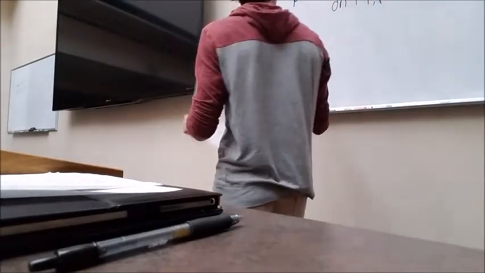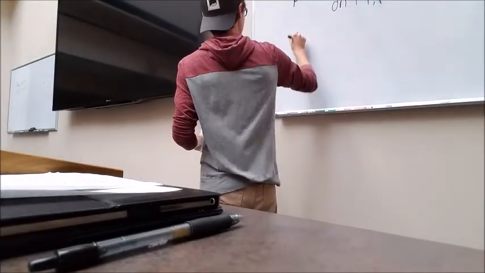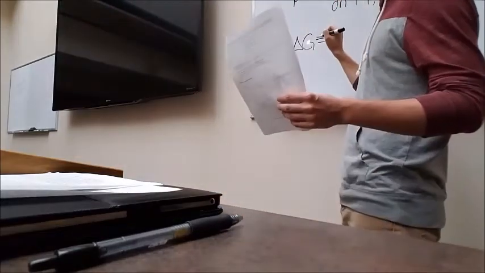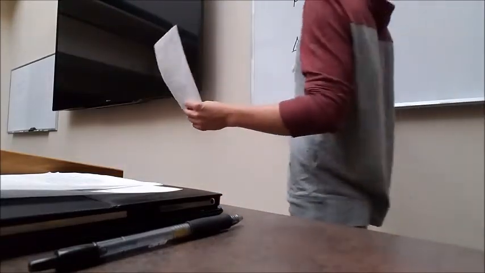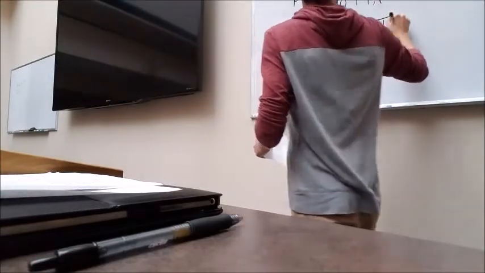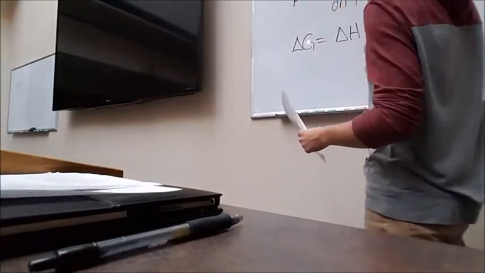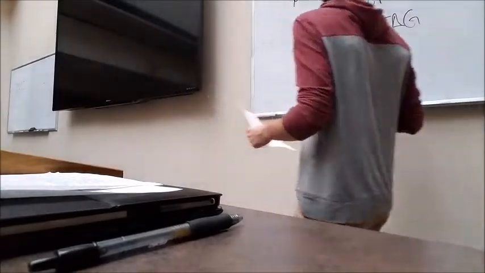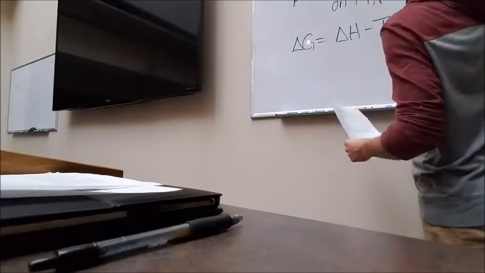Okay, cool. And then thinking about delta G, what's our favorite delta G equation? Delta H minus T delta S. You can't jump there yet, Idris. You have to prove that it gets there.